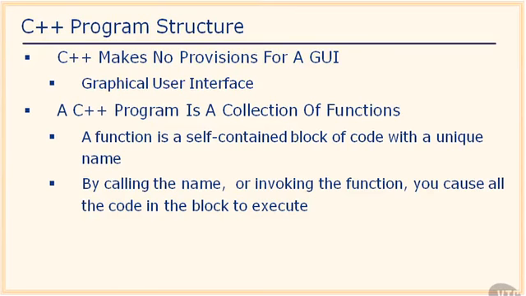Then we're going to call that name, and that's called invoking the function. Just by referring to that name in code, it finds all those lines of code and runs every one of them in order. So you cause all the code in that block to execute. And we'll talk about a block in a separate video here in the course.